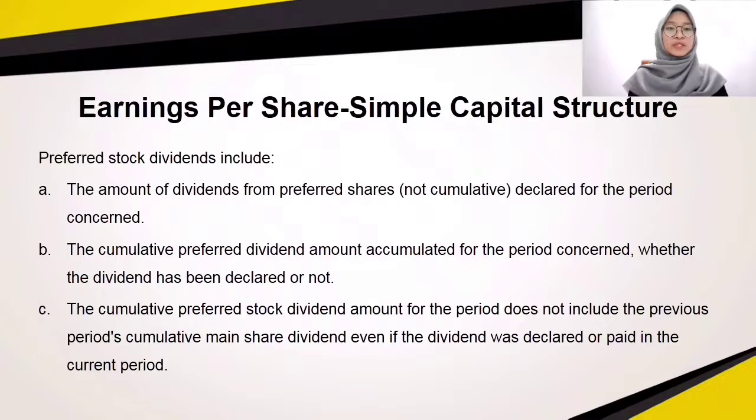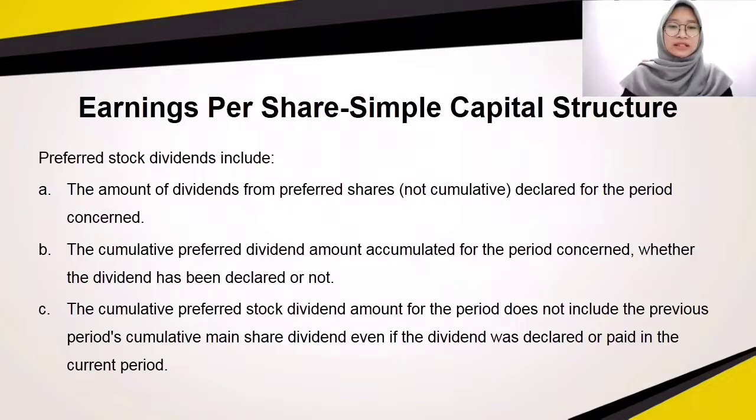For earnings per share in a simple capital structure, preferred stock dividends include two things: first, the amount of dividends from preferred shares declared for the period concerned, and second, the cumulative preferred dividend amount accumulated for the period concerned, whether the dividend has been declared or not.